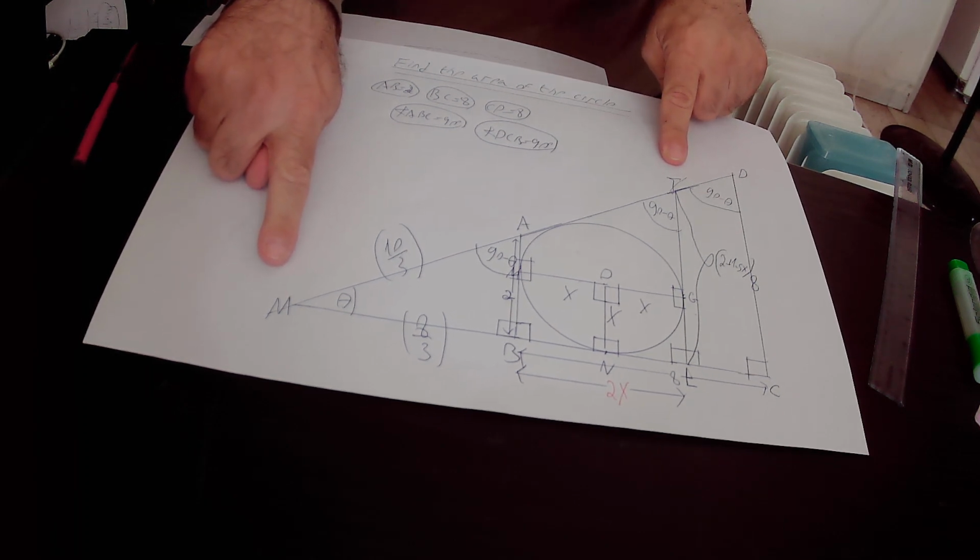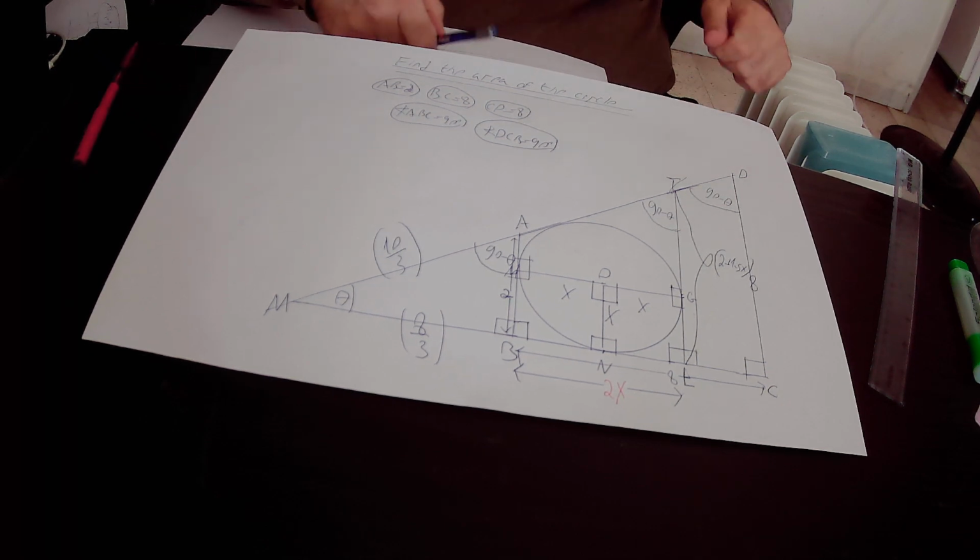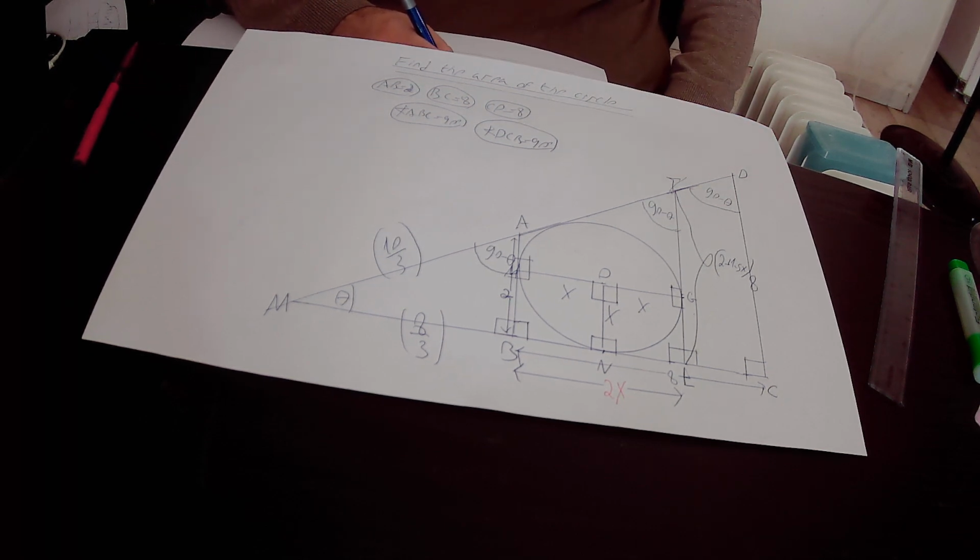TM equals MA plus AT, that is to say MA is 8 over 3 plus AT. So in total MT equals 8 over 3 plus AT, over AM. AM is 8 over 3.